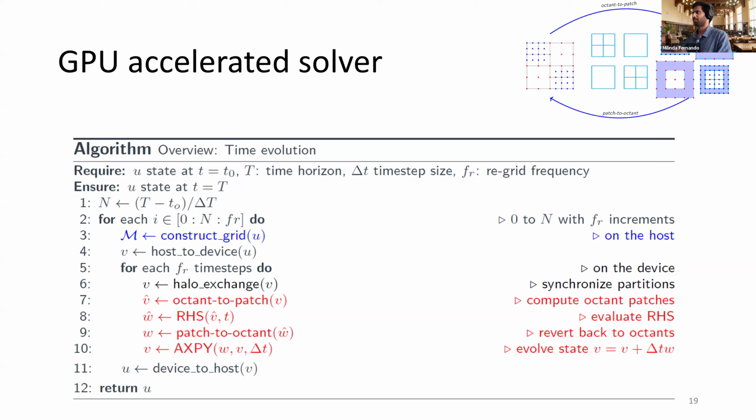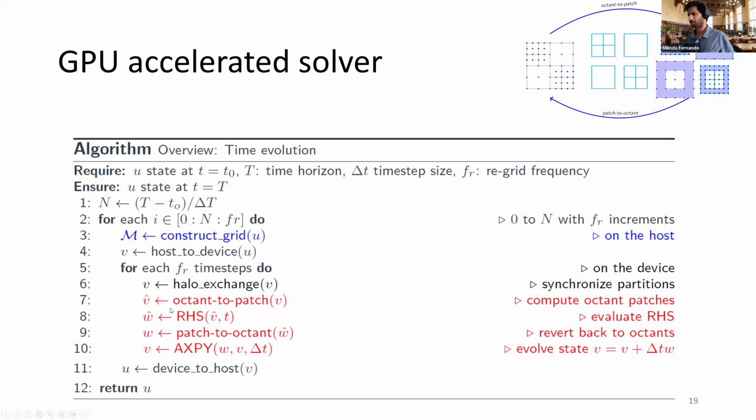Once it is done, it comes back to the patch to octant step, which is a more compact representation. Then we do whatever time integration scheme is specified. These are the routines that are handed over to the GPU.